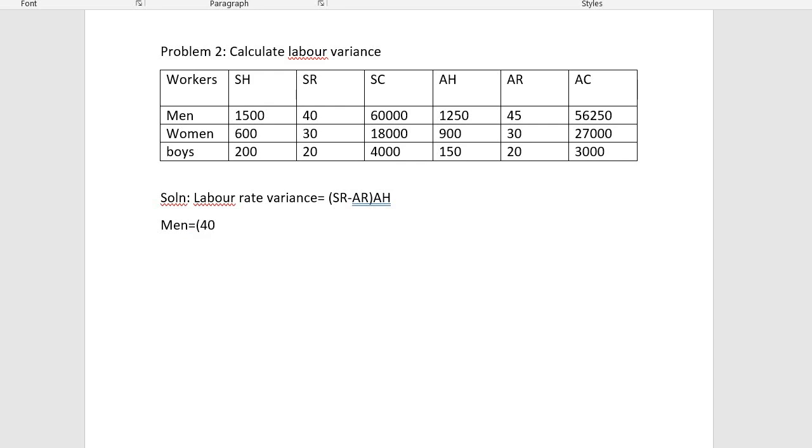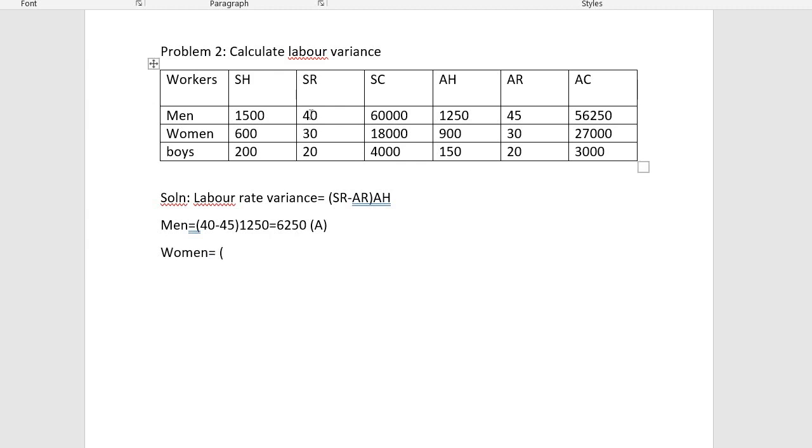It is 40 minus 45 into 1250, which is equal to minus 5 into 1250. It will come to 6250, which is adverse variance.